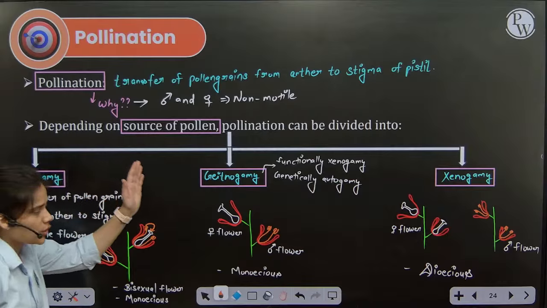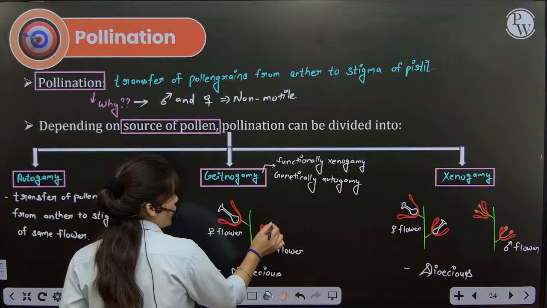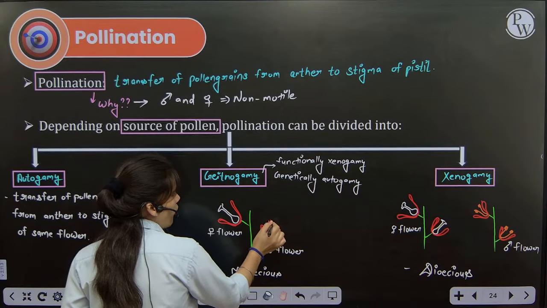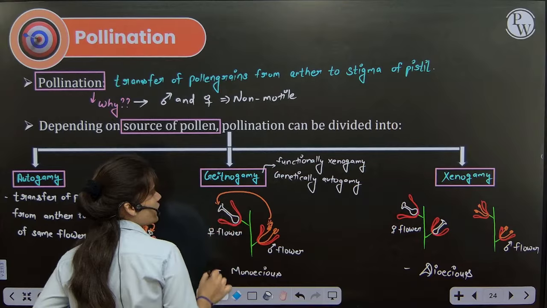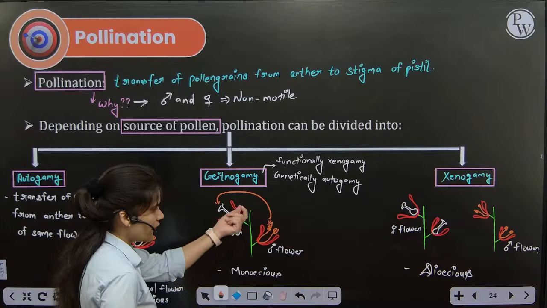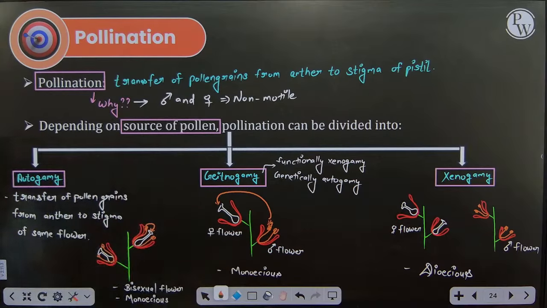What is geitonogamy? Transfer of pollen grains from anther of one flower to stigma of another flower but of the same plant. That is known as geitonogamy.